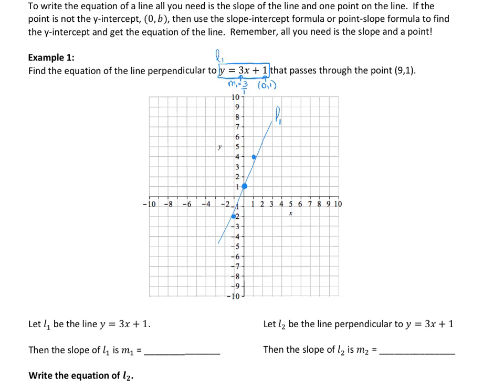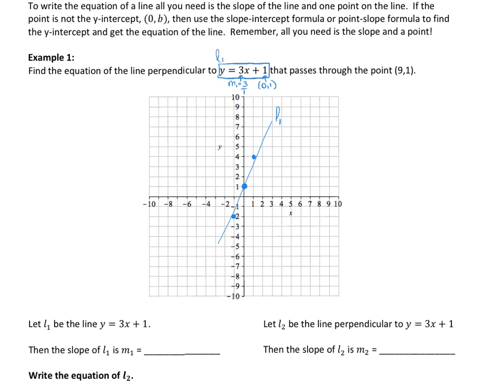But we don't want just any line perpendicular to L1. We want a very specific line, one that passes through the point (9, 1).